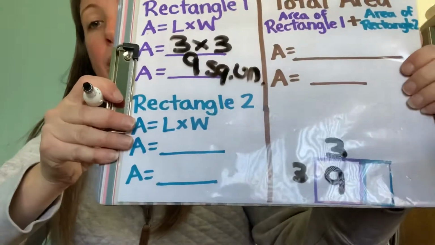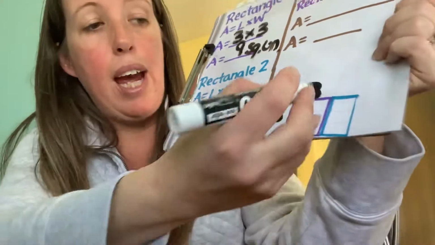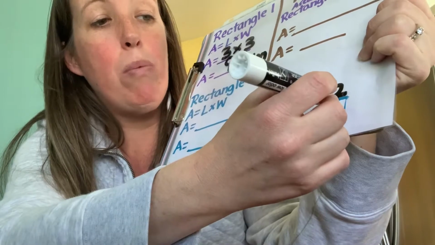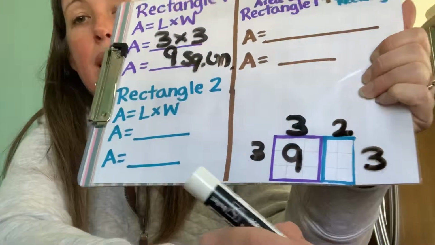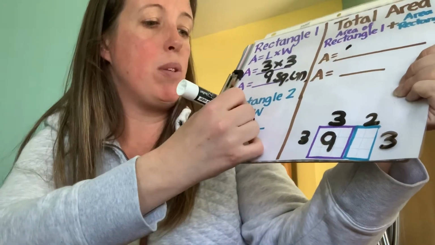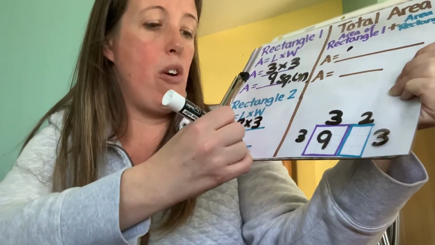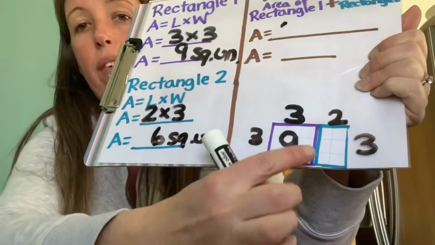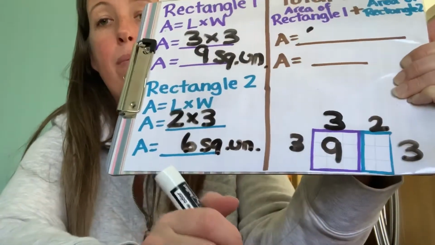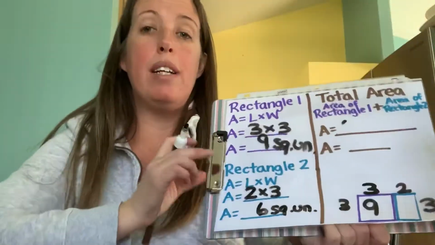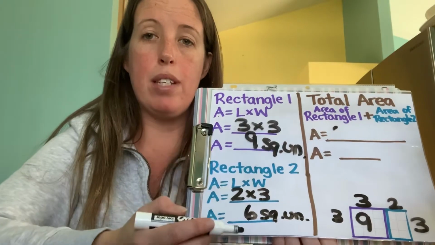When I move on to rectangle 2, again, I'm going to find the length, 1, 2, times the width, 1, 2, 3, to give me a length of 2 times a width of 3, which gives me an area of 6 square units. And again, I could have counted 2, 4, 6. Now to find my total area, I'm going to combine the two areas.